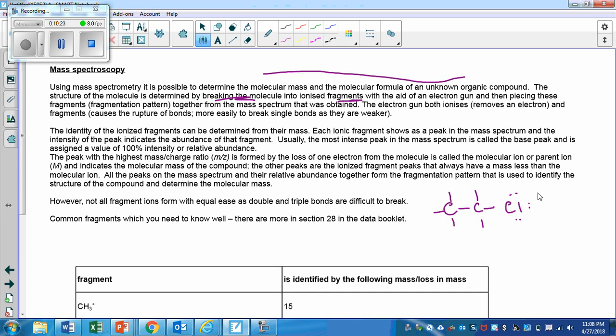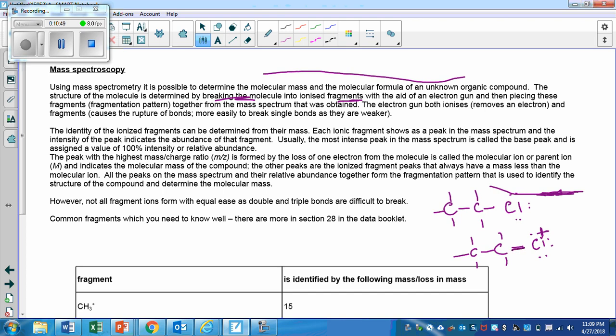So let's make it chloroethane. As I said, it's vaporized. After vaporization, a beam of positively charged particles comes in, and it can take off the electron. Once the electron is gone, it becomes a positively charged molecule. You have chlorine here, and chlorine does not have the complete electron, so chlorine becomes positive.